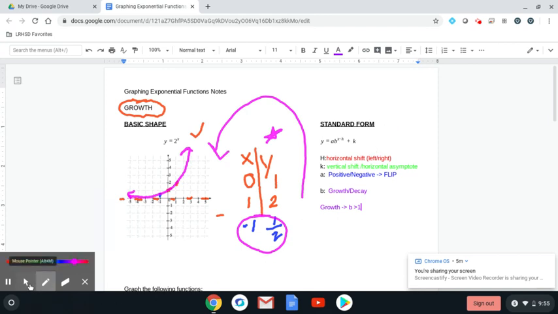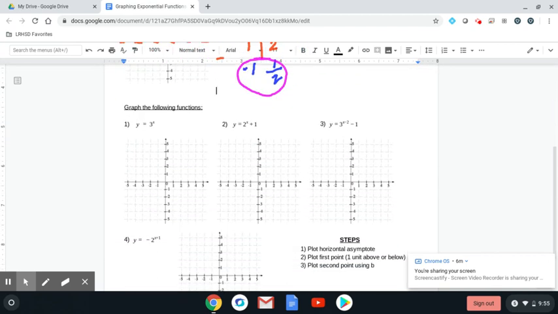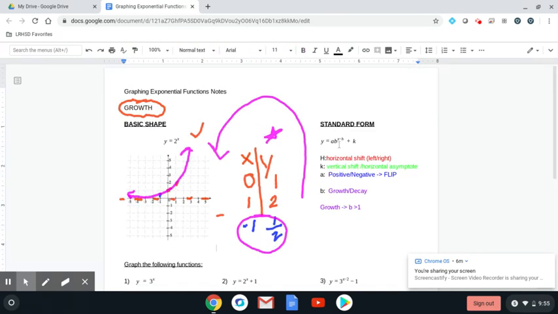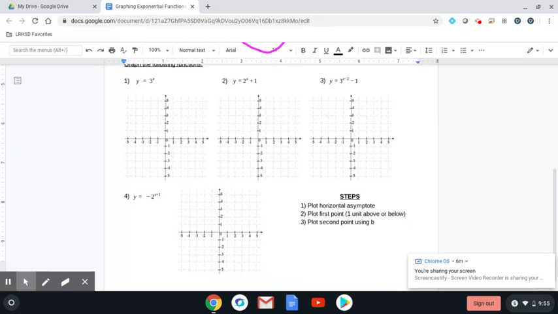All right, now that we have all of these basic understandings of standard form, let's go through and actually apply these to some specific graphs. If I scroll down here, there are 4 graphs that we're going to go over today, using our standard form to get this shape.